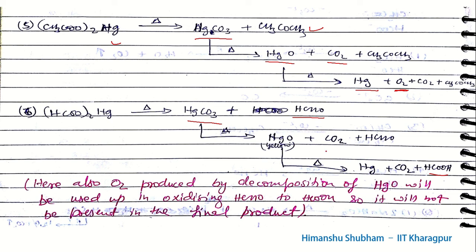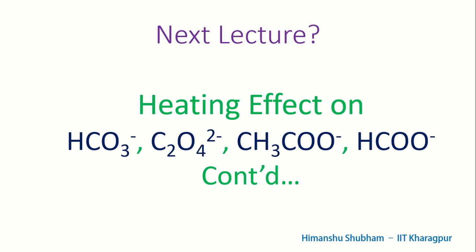What happens is that the O2 obtained by the decomposition of HgO is used in oxidizing HCHO into HCOOH. So instead of O2 in the product, we see HCHO converted into HCOOH due to oxidation.